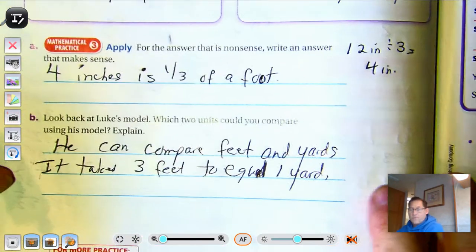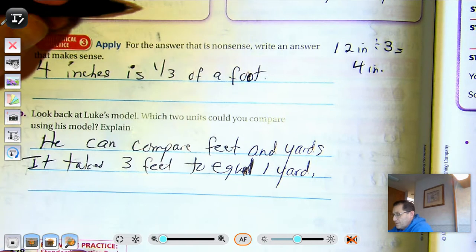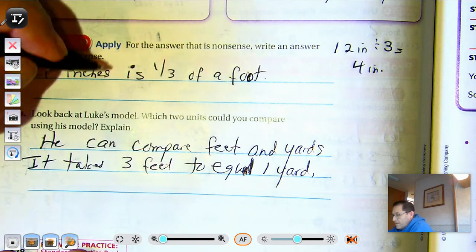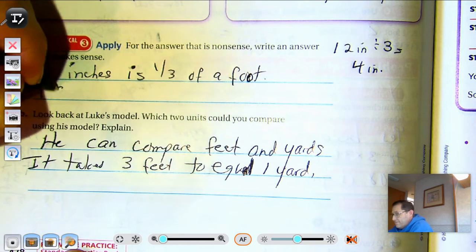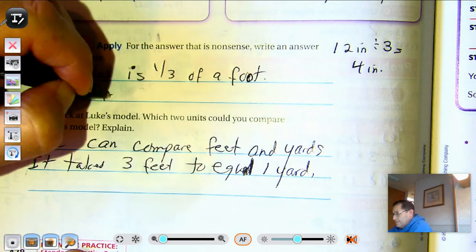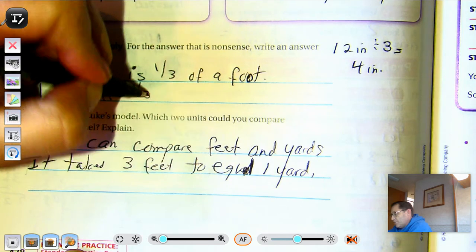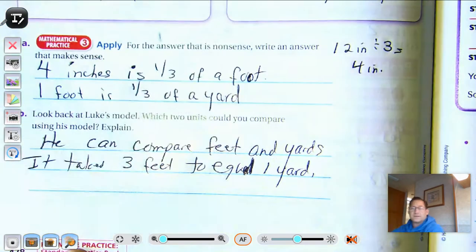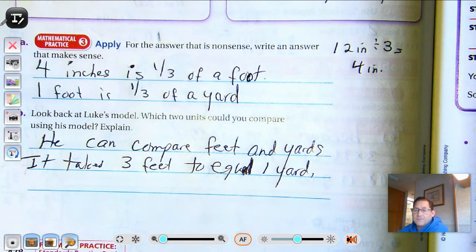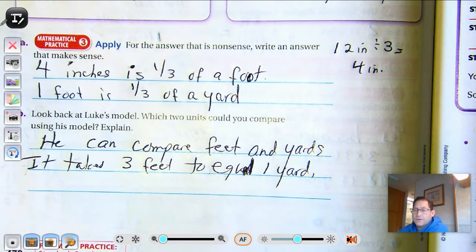All right, so I'm also going to write here that 1 foot is 1/3 of a yard. Okay, because that is true. If I had 3 feet, I'd have a yard.